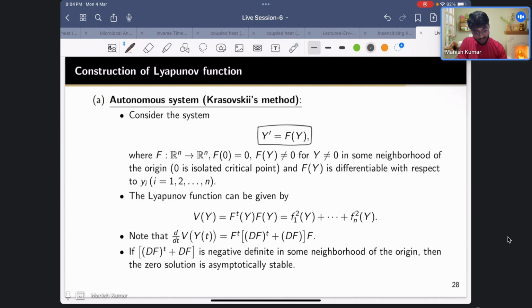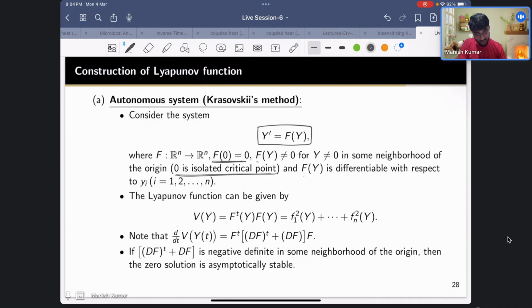So suppose you have this kind of nonlinear system. Okay, so you have this condition. Obviously this is required for 0 to be an equilibrium point, and this tells you that 0 is an isolated equilibrium point. And this function is differentiable, so that you can guarantee the existence and uniqueness of solution by Picard's theorem. This is just to make sure everything is in a perfect setup.